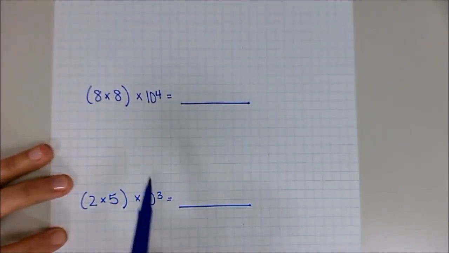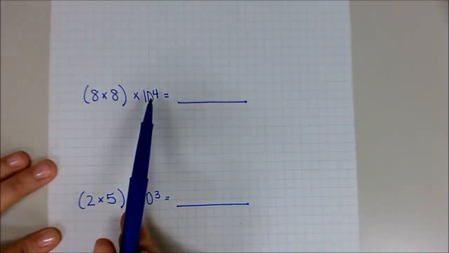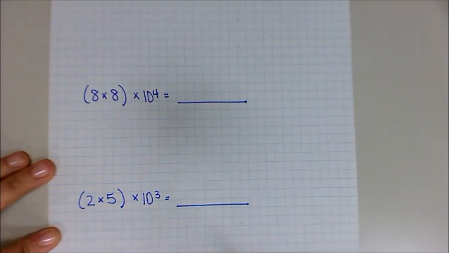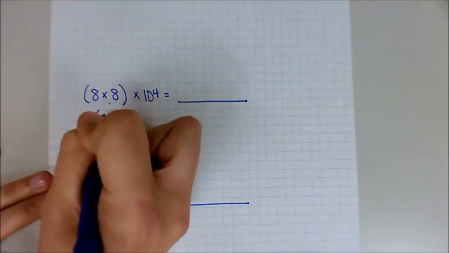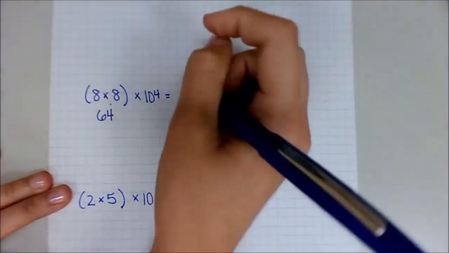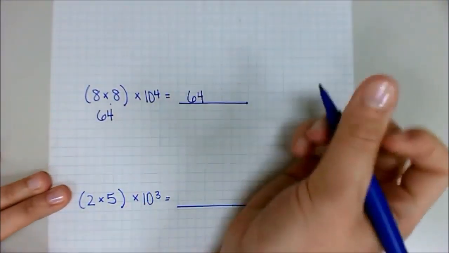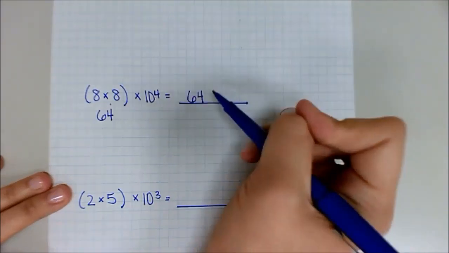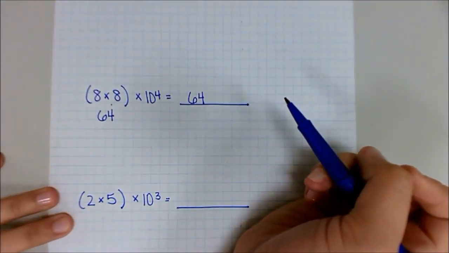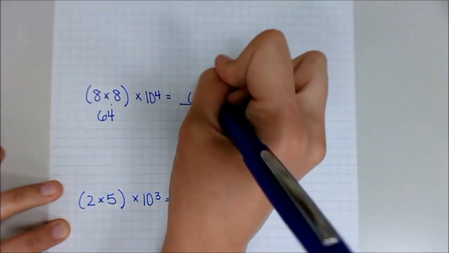Let's look at this one. 8 times 8 times 10 with an exponent of 4, so the fourth power of 10. So I do my basic math fact first. 8 times 8 is 64. Write that down on the answer line. Now I do my shortcut. I look to the exponent. The exponent's telling me that I should add 4 place values after my basic math fact product. So I'm going to add 4 zeros.